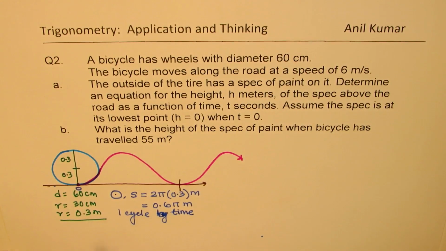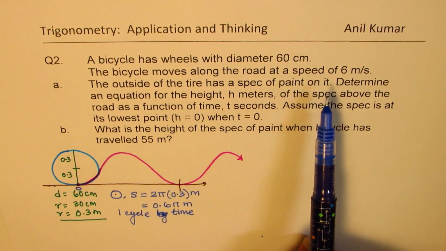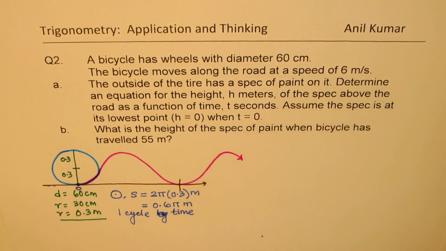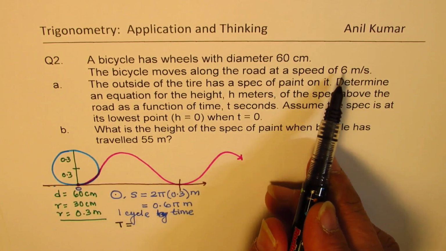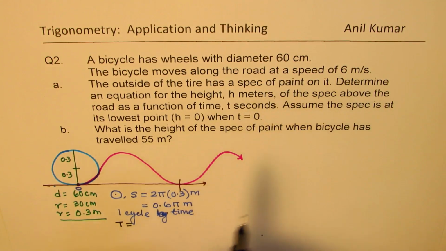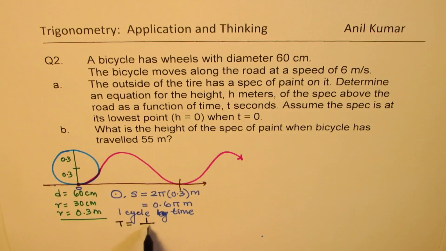So how can we find that time? Now clearly the speed is given to us as 6 meters per second. We need to find the time for 0.6 pi meters, correct? So the time period for 6 meters is 1 second, right? So for this much it is going to be 1 divided by 6. That is the distance and this is the velocity.